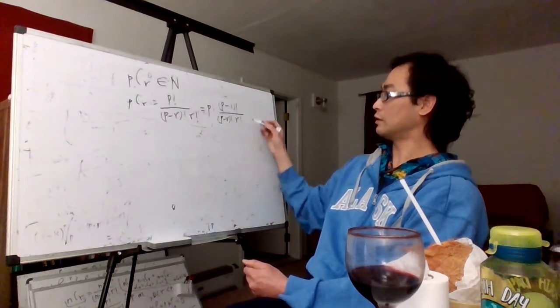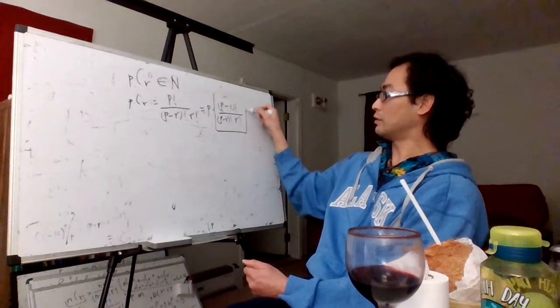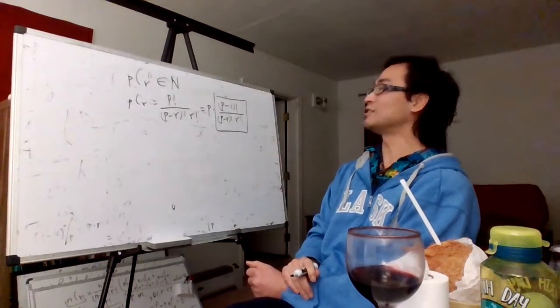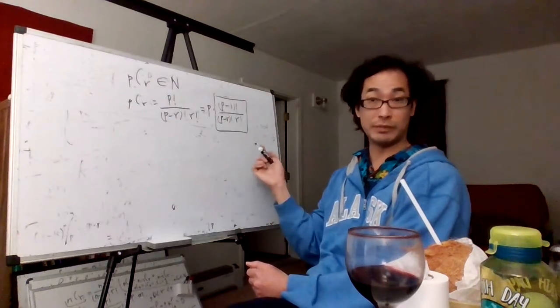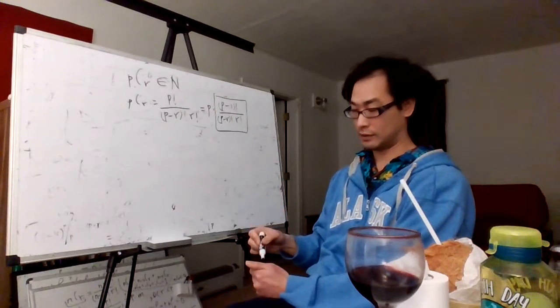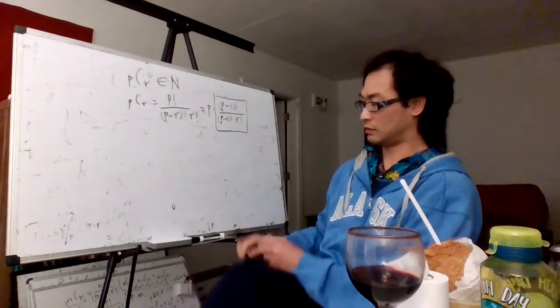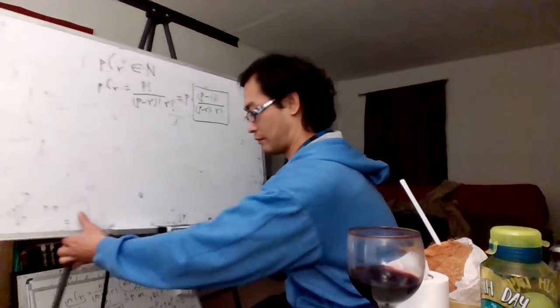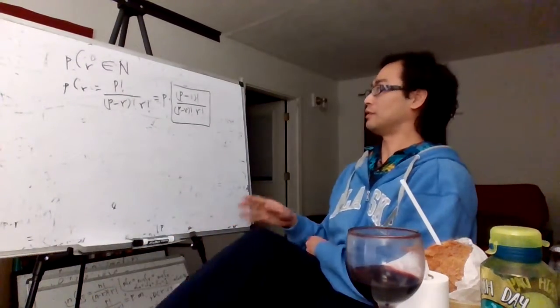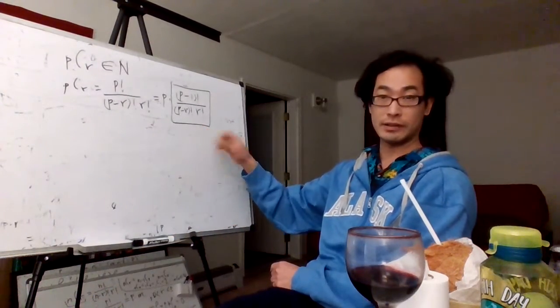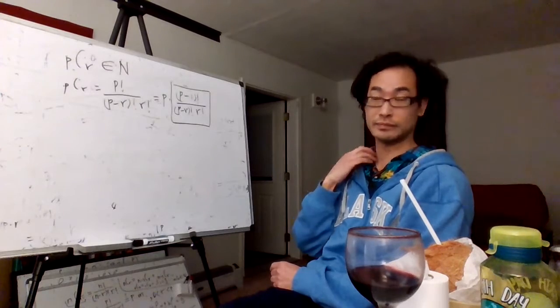Right? Now, let's look at this number. Is this an integer? Is this a natural number or not? That's the question, okay? Because hypothetically, it could be a fraction, right?